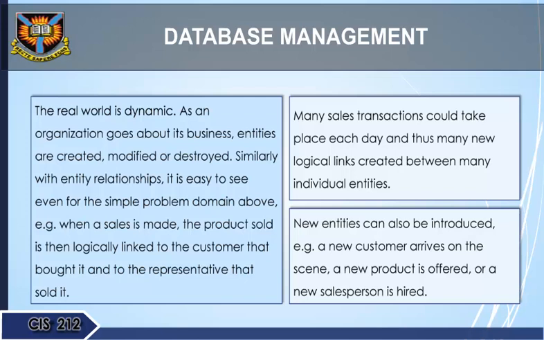Many sales transactions will take place each day, and thus many new logical links are created between individual entities. New entities can also be introduced. For example, a new customer arrives on the scene, a new product is offered, or a new salesperson is hired.